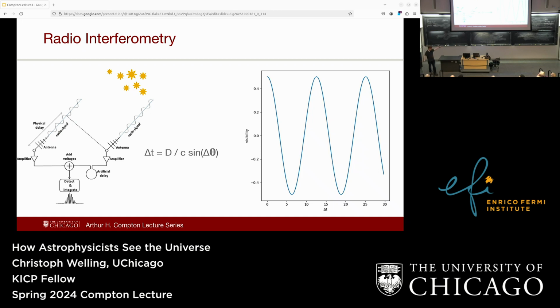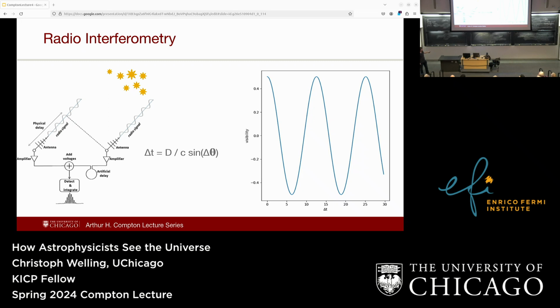But in practice, most of the time you're not going to have just a single point source. You're going to have some picture. If you imagine there's a ton of sources here, then for each of these sources you would have to multiply the brightness of the source times the value of this visibility corresponding to the position of the source.